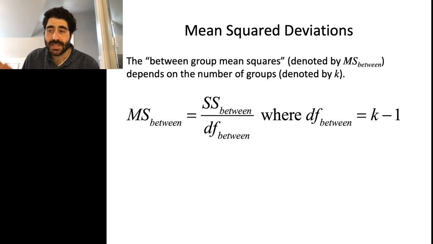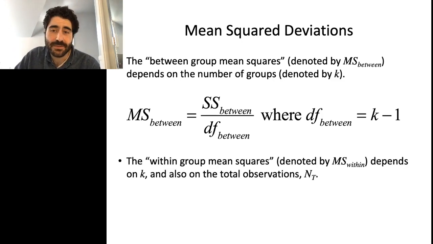Then we divide by the degrees of freedom for this between group measure, which is k minus 1. Remember, k here is the number of levels, the number of groups defined by this single nominal factor.